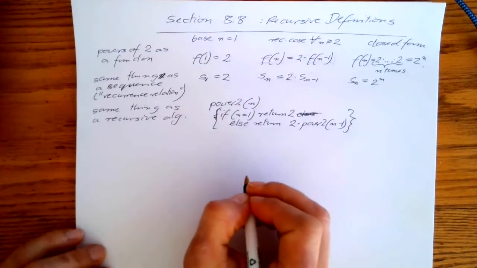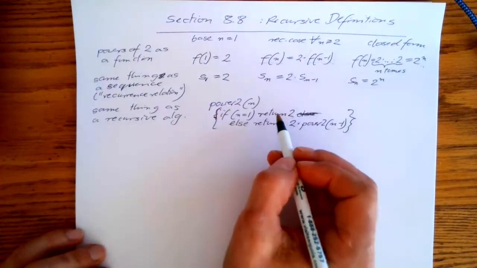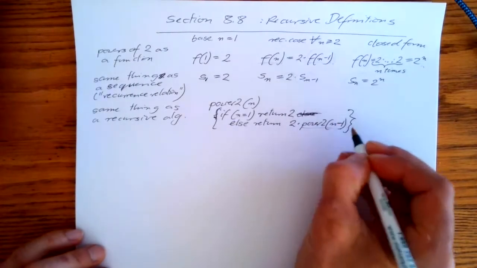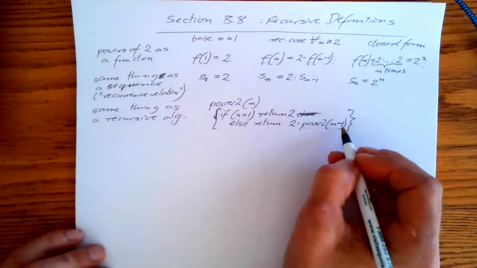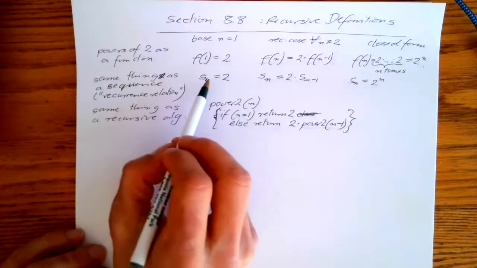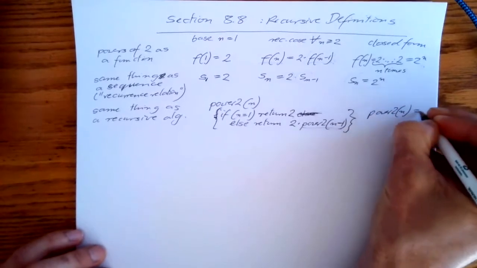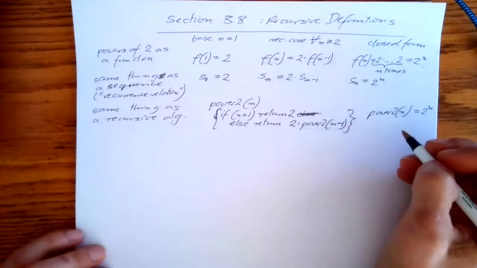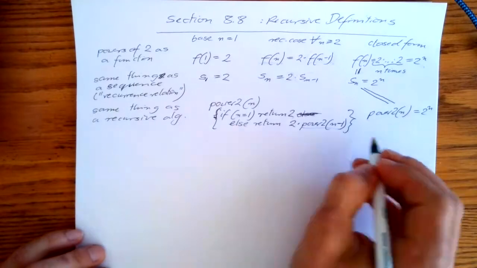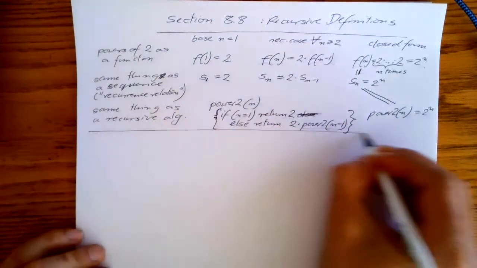So that's your algorithm, and it's a recursive algorithm. In the base case, when n is 1, it just returns 2. In any other case, it calls itself at a decremented argument, the same argument but minus 1, and whatever this gives, it multiplies by 2. Well, this is exactly the same thing. power2(n) is also 2 to the n, because basically these are all the same objects. S(n) is equal to f(n), and power2(n) is also equal to S(n), is also equal to f(n). Okay, it's the same thing.